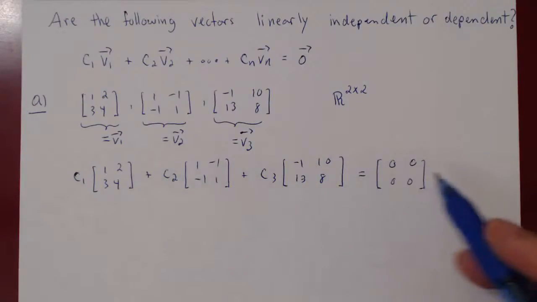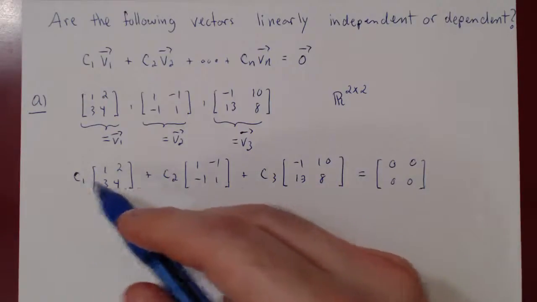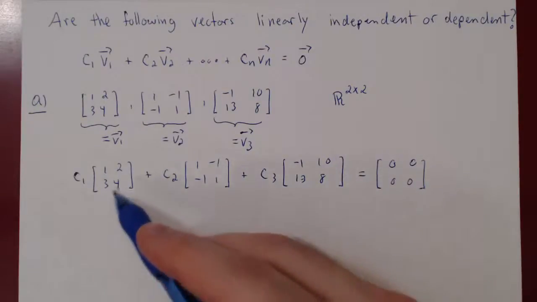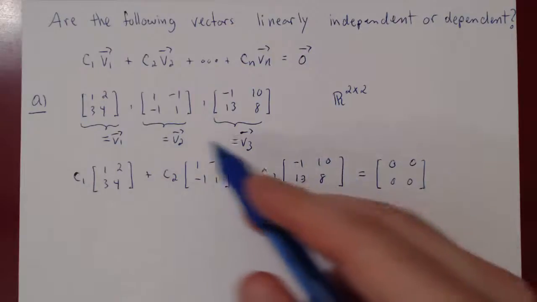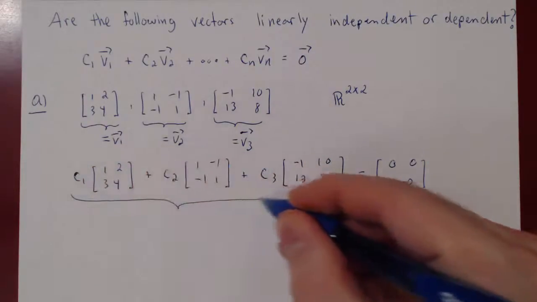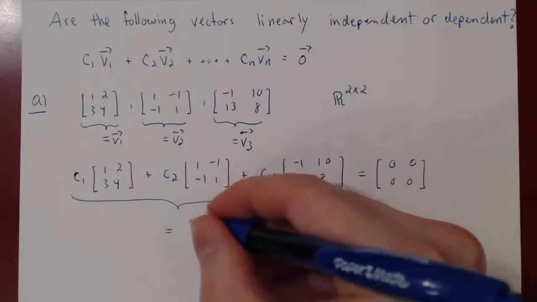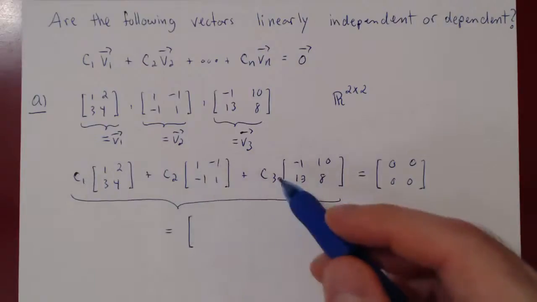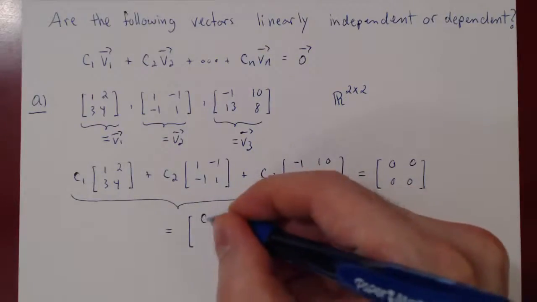And the question is now, how many solutions for the coefficients c1, c2, c3 does this equation have? Well, if we collapse this linear combination into a single matrix, we will obtain the following matrix. Entry 1,1 will be c1 plus c2 minus c3.